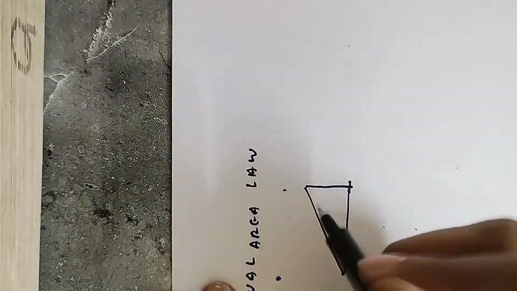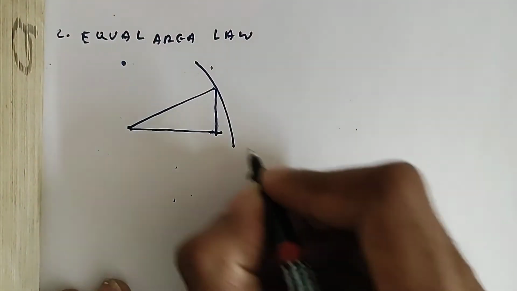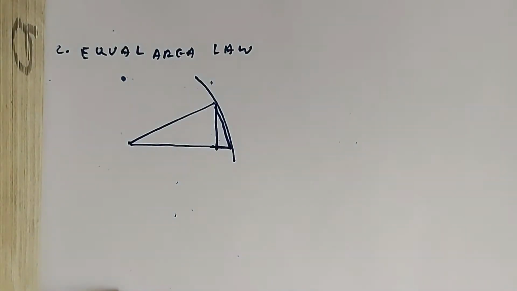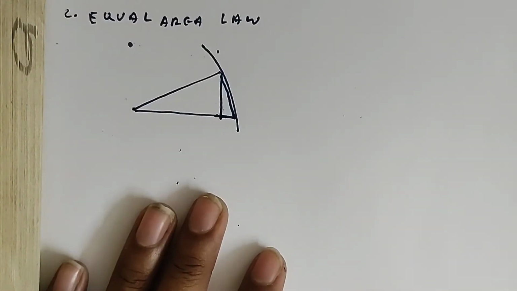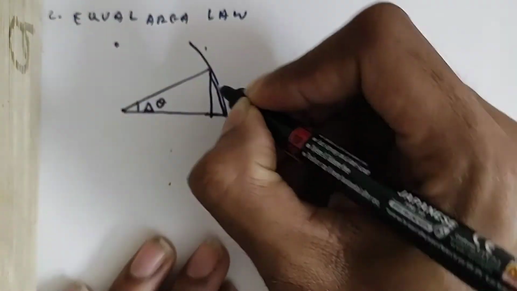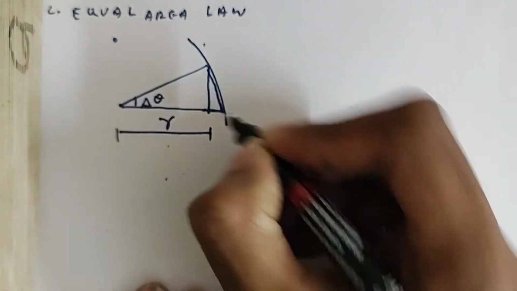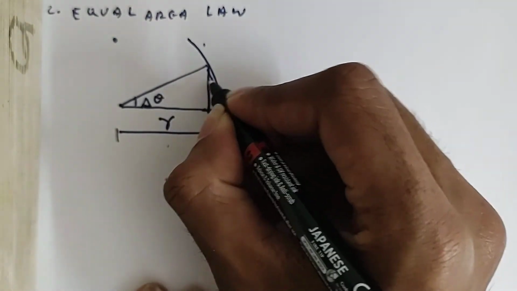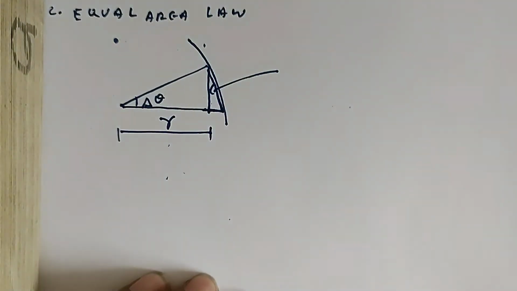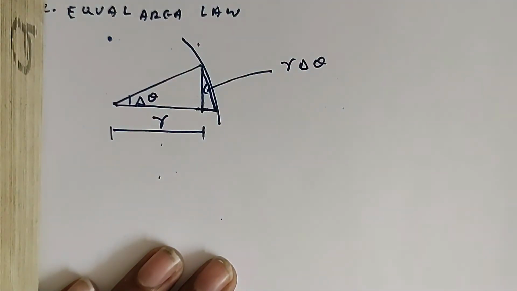It sweeps out this equal area in this particular fashion, and this is my theta, this is r, and by using the arc length formula, this will be my r delta theta, right?